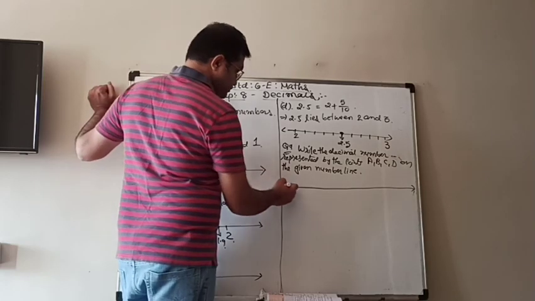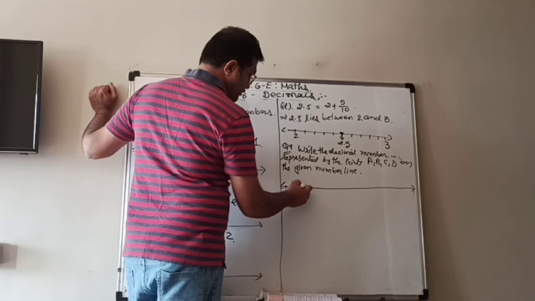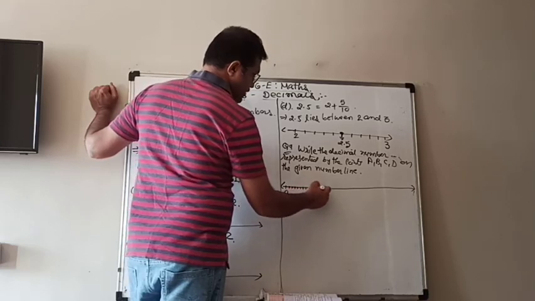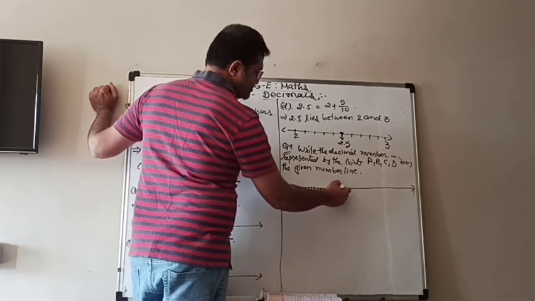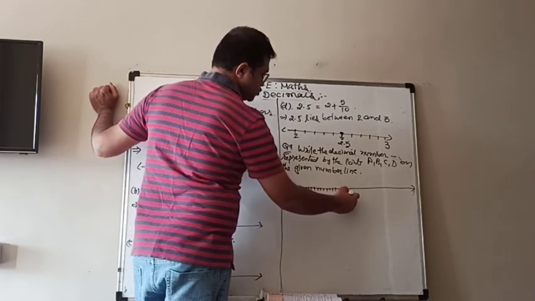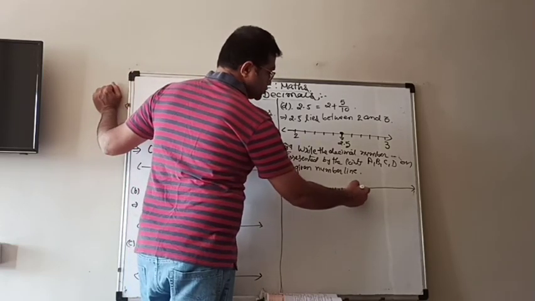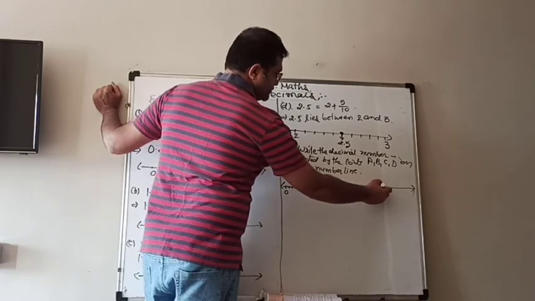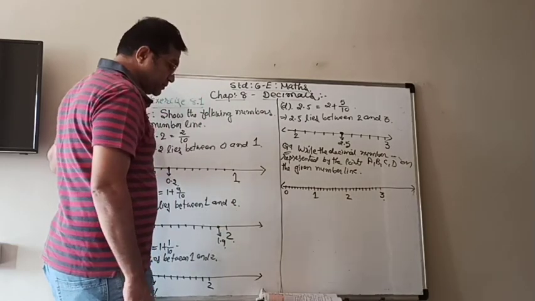So here 0, 1, 2, 3, 4, 5, 6, 7, 8, 9, 10; then 1, 2, 3, 4, 5, 6, 7, 8, 9, 10 up to 2; and then 1, 2, 3, 4, 5, 6, 7, 8, 9, 10 up to 3. Now at which part?